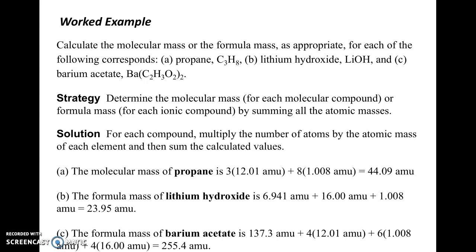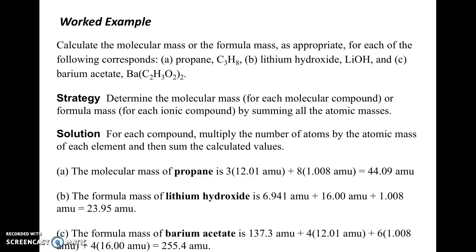And so when we look at these, propane, we have 3 carbons, 3 times 12.01 plus 8 times the atomic mass of hydrogen, which is 1.008. Lithium hydroxide is LiOH, and so lithium is 6.941 AMU, 16.00 AMU is for the oxygen, and 1.008 is for the hydrogen.